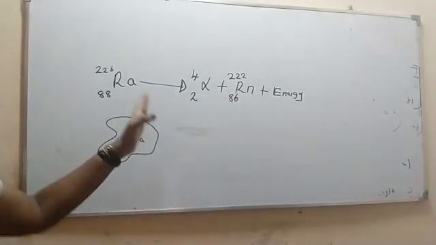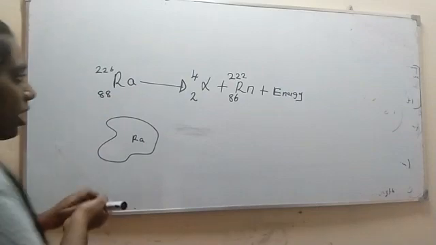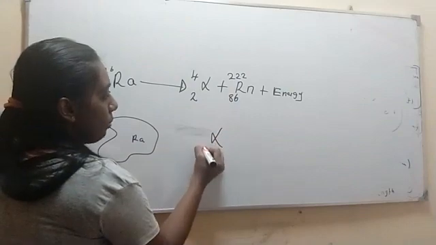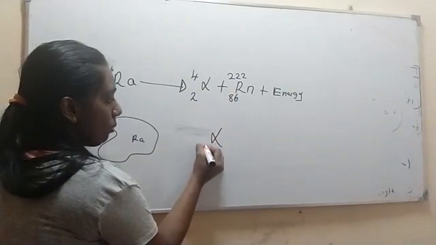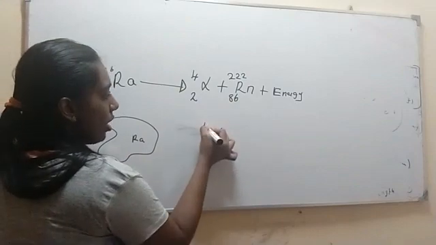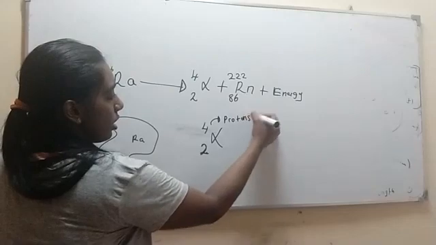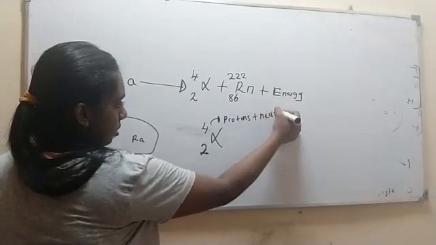If one alpha particle goes out, you see alpha's atomic number, that means proton number, is 2. It has 2 protons, and 4 is the number of protons plus the number of neutrons.